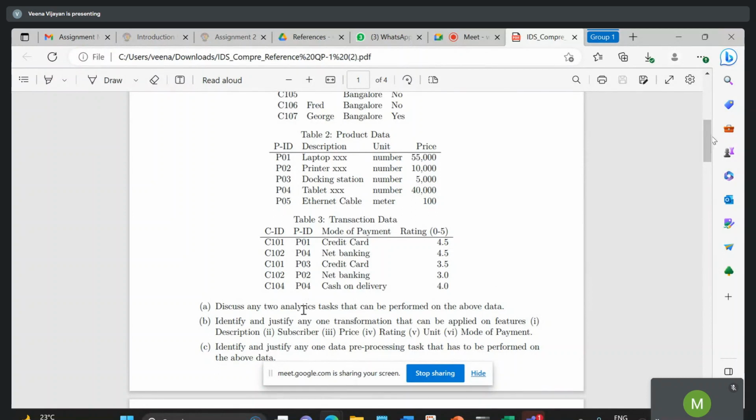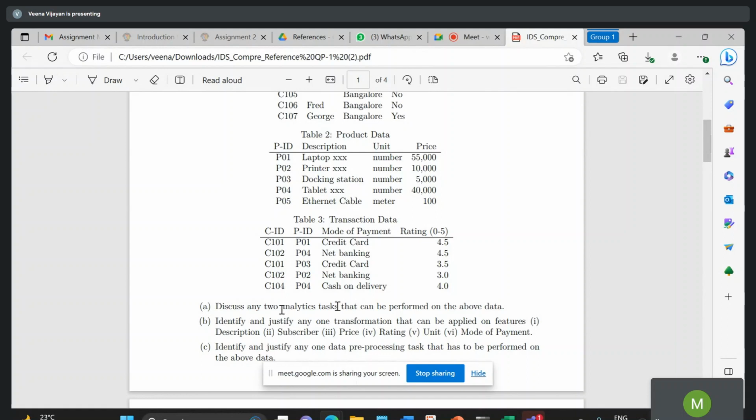When it comes to analytic tasks, there are four types: descriptive, predictive, prescriptive, and diagnostic. Out of those four, we can choose any one or any two.